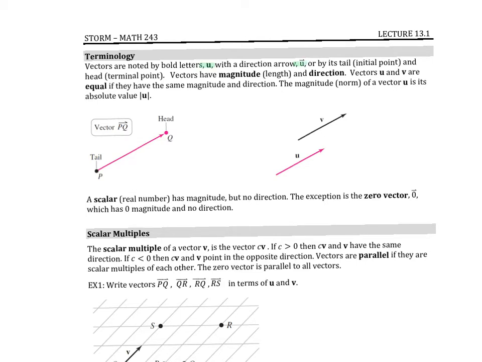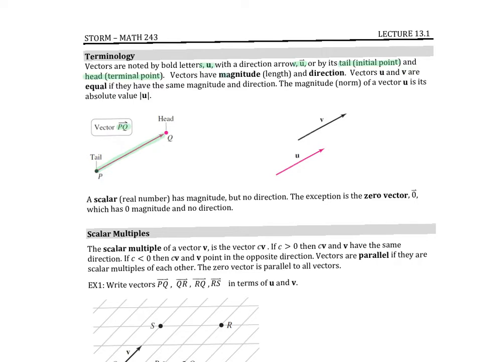Vectors are defined by an initial point that we call a tail and a terminal point that we call the head. So if we look at this first diagram, our point P is our tail where we start, and then our point Q would be our head. So we can label the vector as starting, which would be the tail, to ending, which would be our head, and we use the arrow above to indicate the direction it's going in.